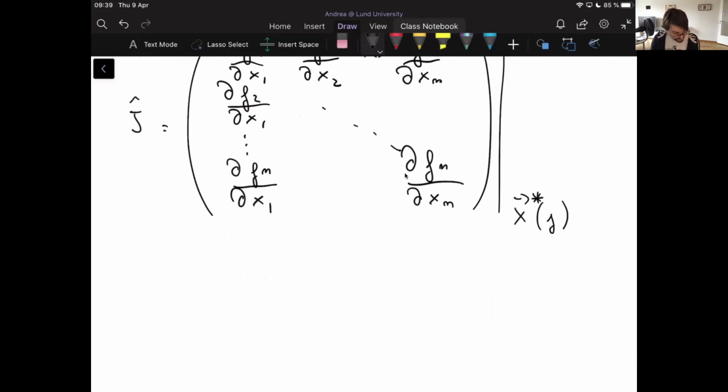And therefore this is exactly the same. Is it super clear, or should I show you how it works in 2 dimensions?